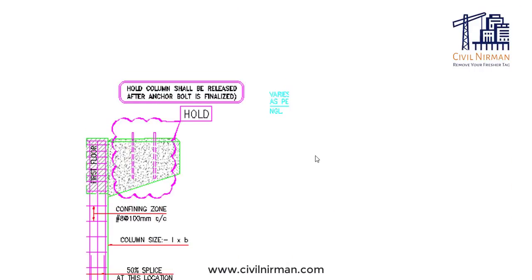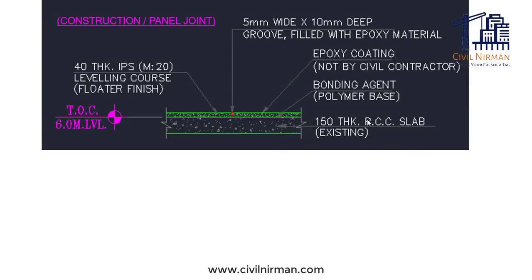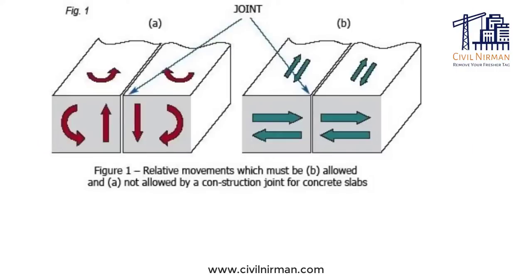Next point, construction joint section and its detail, whether it's provided or not. Now see, in the case of an industrial building, where you have a large concrete area, the construction joint in concrete is used to prevent any cracks during its life period.